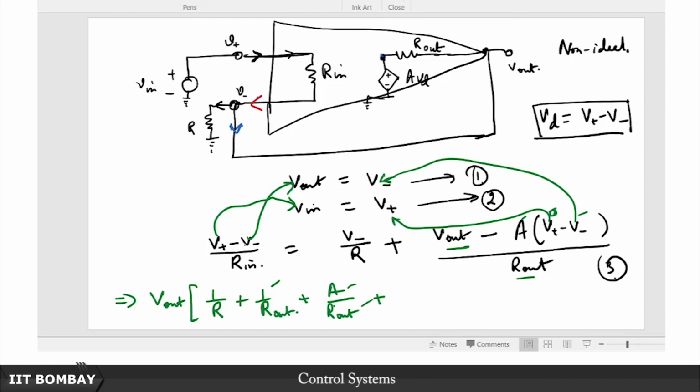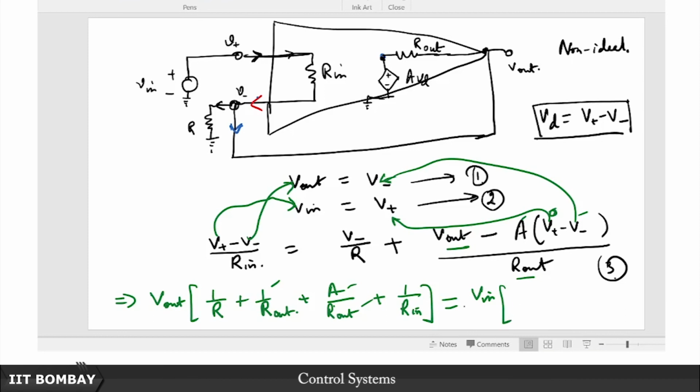So then I am also pulling this V− to the other side. So again I have 1/R_in. Okay, so all V− or V_out related terms on one side and all V+ or V_in related terms on the other side. That is generally how we find the transfer function or the transfer characteristics between two variables.